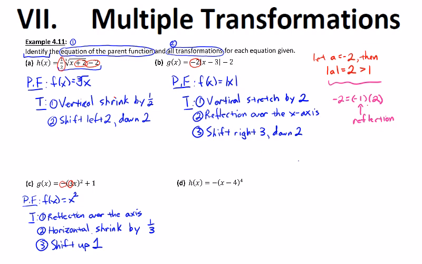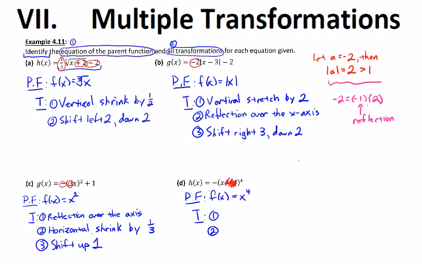And we'll do one more, part D, h of x. If I take away the -1 multiplier, take away the subtraction of 4, all I have here is x to the 4th. That's going to be a quartic function. So my parent function will be f of x equals x to the 4. And only 2 steps for the transformation list here.